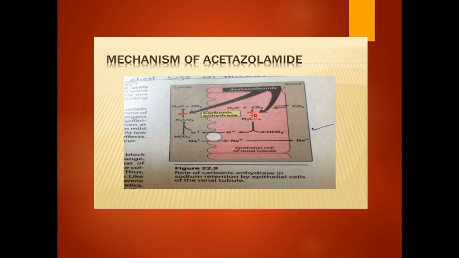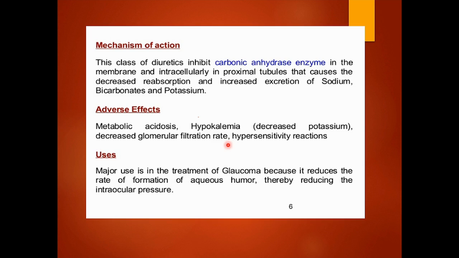As a result, there will be decreased availability of H+ ions to exchange with sodium ions, leading to urinary excretion of sodium ions, potassium ions, and bicarbonate ions. So this is the mechanism of action of carbonic anhydrase inhibitors.